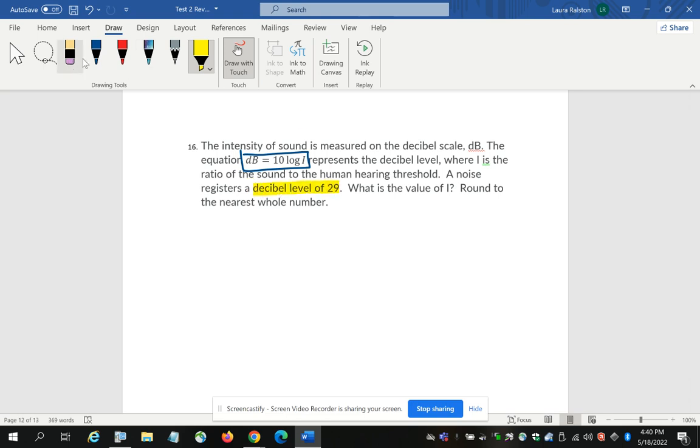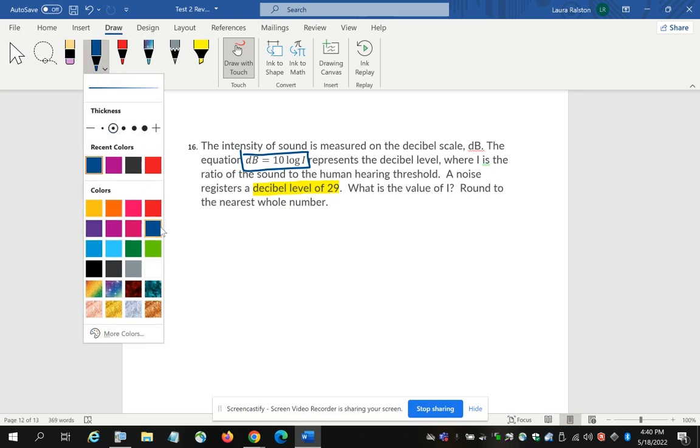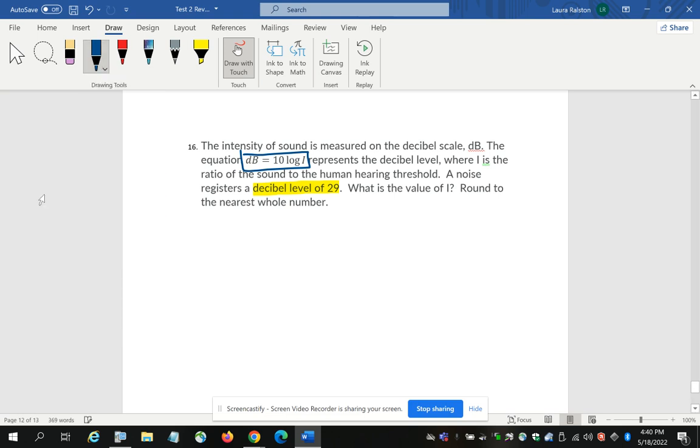What is the value of I? And round to the nearest whole number. So again, in this problem, they've given us the formula that we need to use. They've told us that the decibel level is 29, and they've asked us for I.